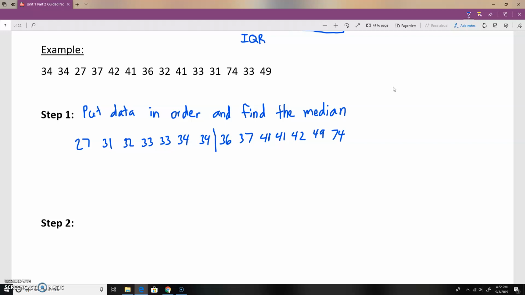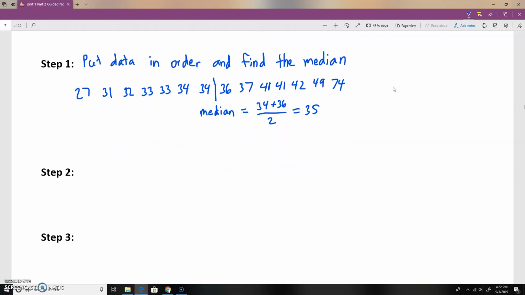We have 7 values on each side. So our median would be 34 plus 36 divided by 2, which would give us 35 for our median. So now what we're going to do is we're going to take the lower half and we're going to find the median of the lower half.